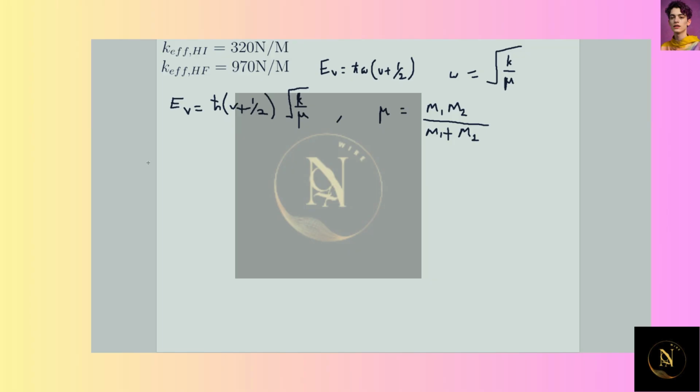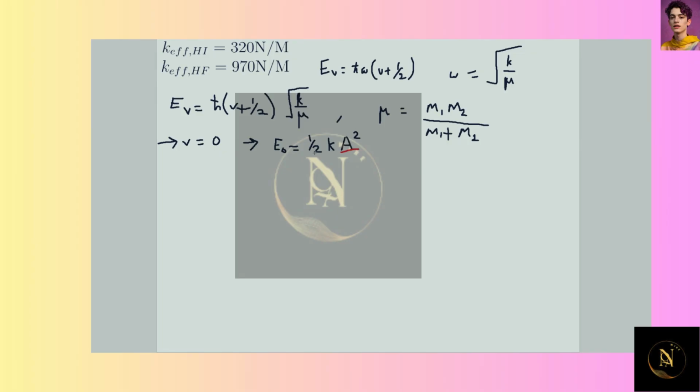It's also given that our minimum amplitude will occur when V is equal to 0. As such, we can let E0 be a sort of analog to the elastic potential energy, which is E0 equal to a half times our effective spring constant K, multiplied by A squared, where A is our minimum amplitude, and this is the value we are going to be trying to solve for.